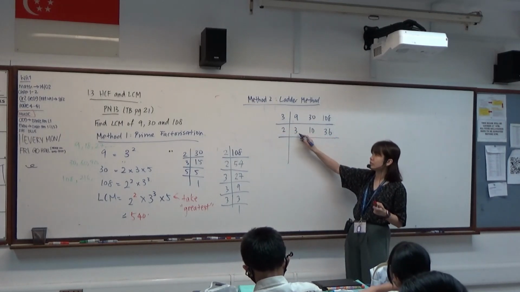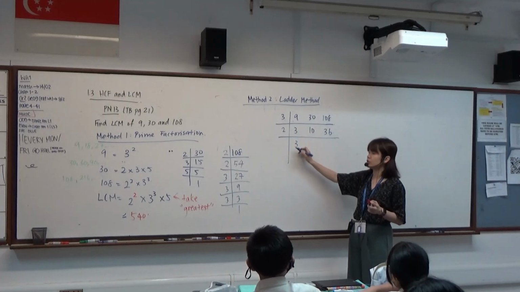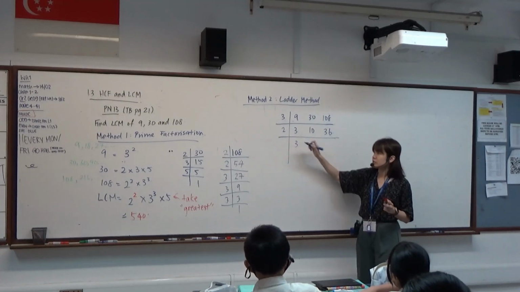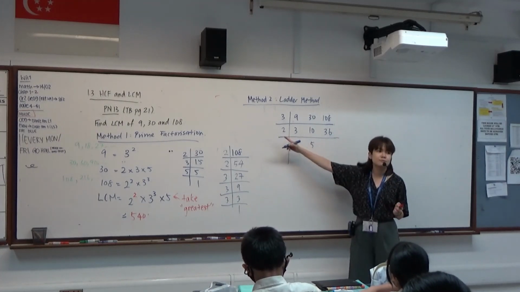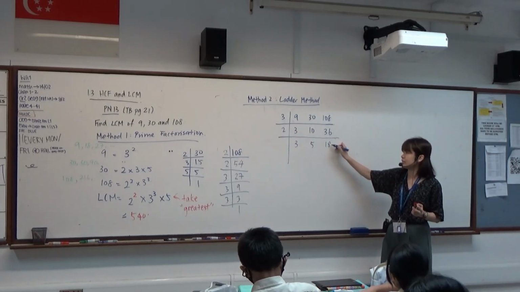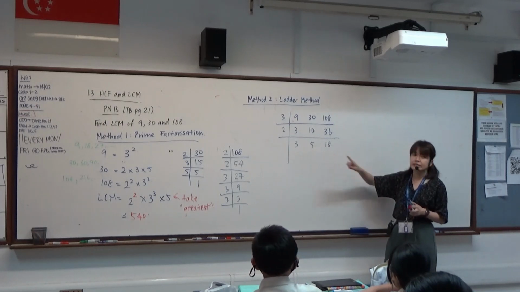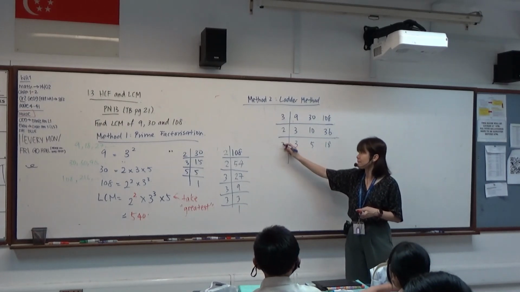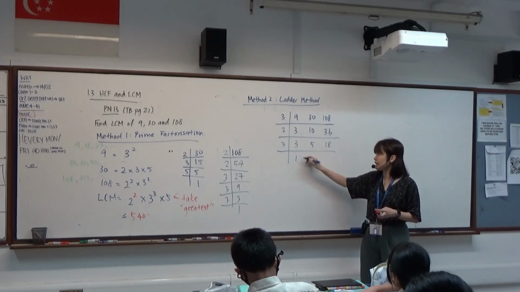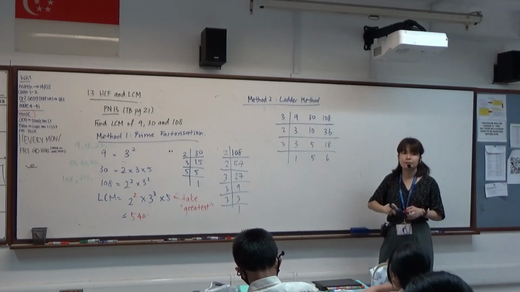So 3 I cannot divide by 2, I'll keep the 3 over here. Then I divide 10 by 2 and 36 by 2, I'll get 18. But then 3 and 18, I still can divide by 3. I will get 1, 5, and 6 over here.